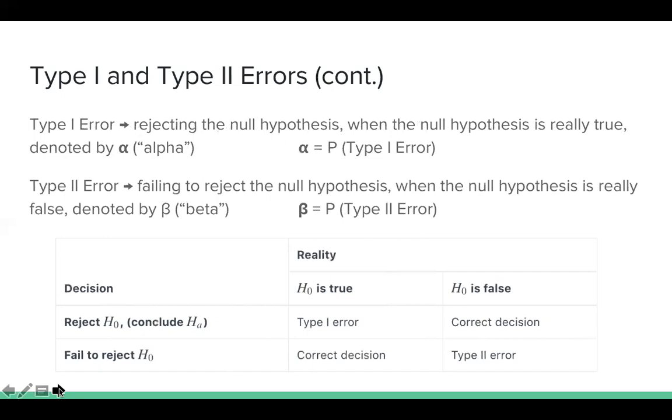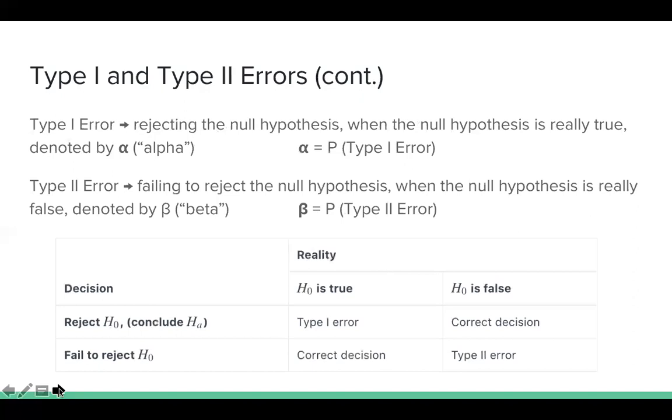Here's a little chart so you can see how your decision is related to reality. A lot of times we don't know what is true. That's why we make these hypothesis tests. It's a little difficult to grasp, but you really don't know reality. It's unknown. But these are the types of errors you could make based on your decision to fail to reject or reject the null hypothesis.